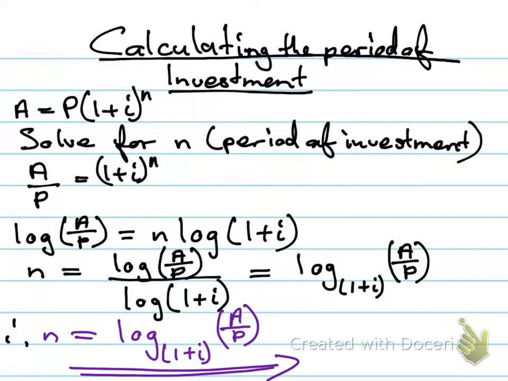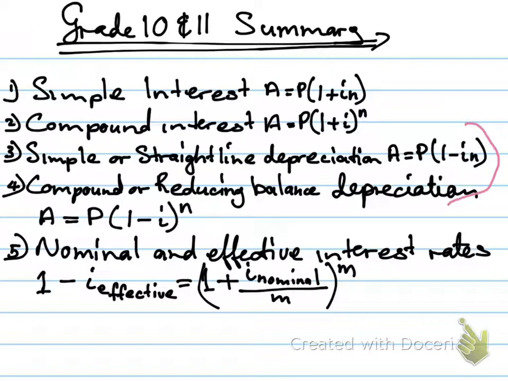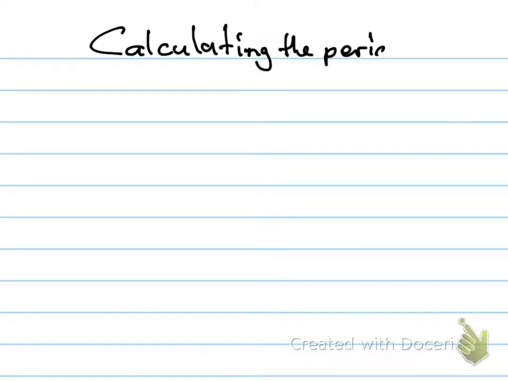Moving on, let's look at calculating the period. In grade 11, we were using exponential laws when calculating the period, and it limited us on things where we could not use the exponential laws.